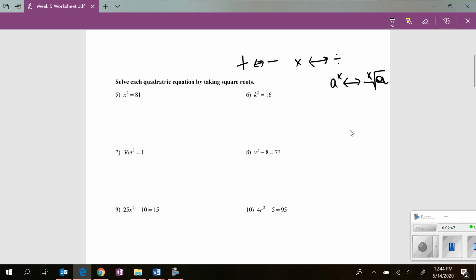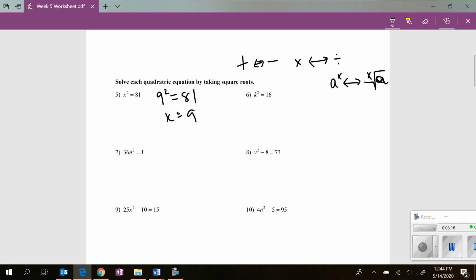Okay, so let's start out with number 5. x squared equals 81, and I want to figure out what x is equal to. Now you might be able to reason in your head, knowing that 9 times 9 is 81, and 9 squared is that same thing, so that must mean x equals 9.